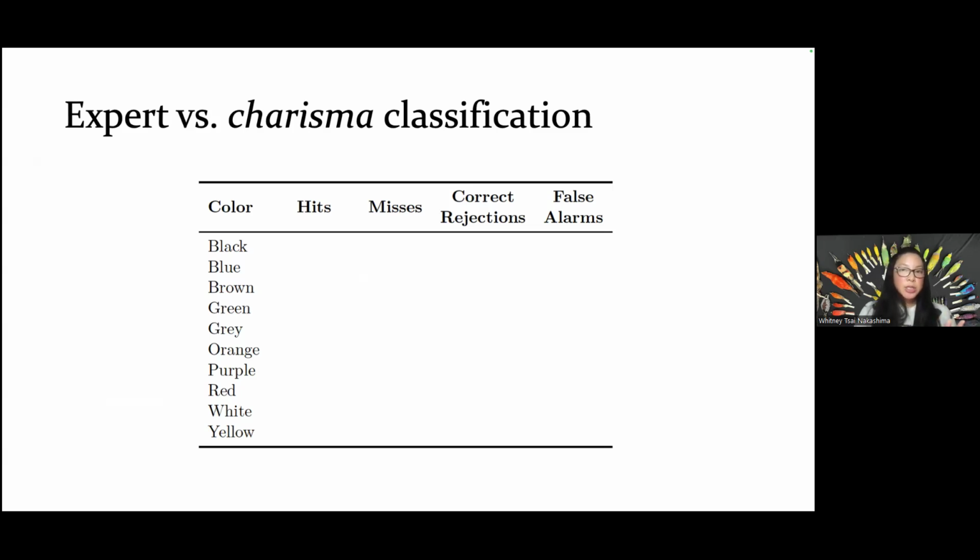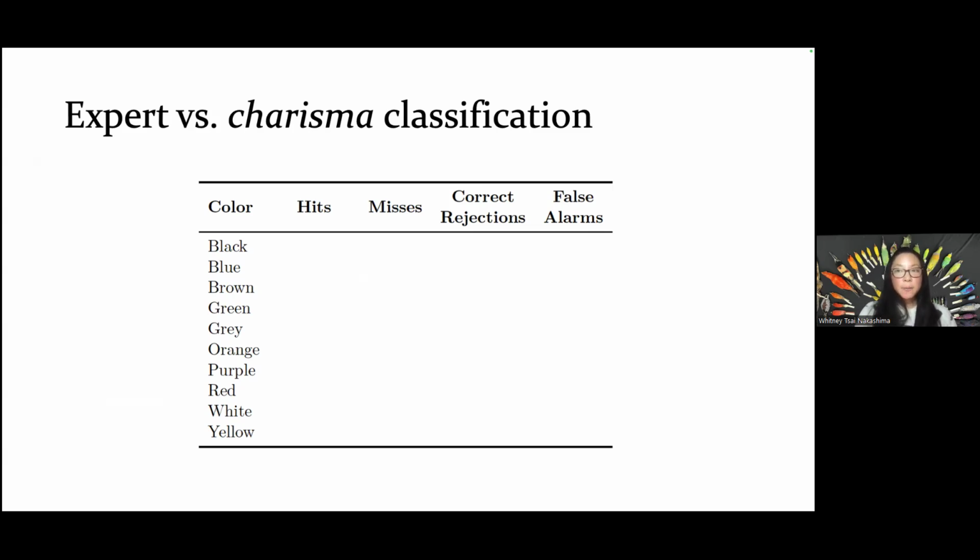So this table here is going to populate with numbers for hits, which are when the expert and Charisma both called the color or said that the color was present. The misses are when the expert says the color is present, but Charisma didn't call it. Correct rejections are when both the expert and Charisma didn't call the color. And then false alarms are when Charisma called the color, but the expert did not.